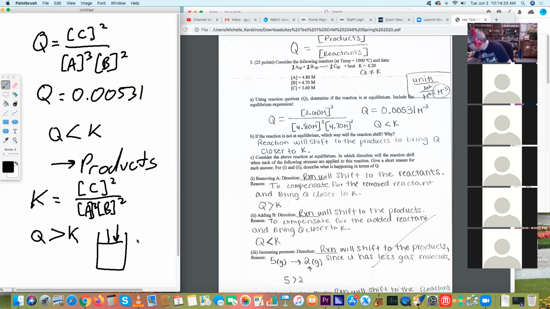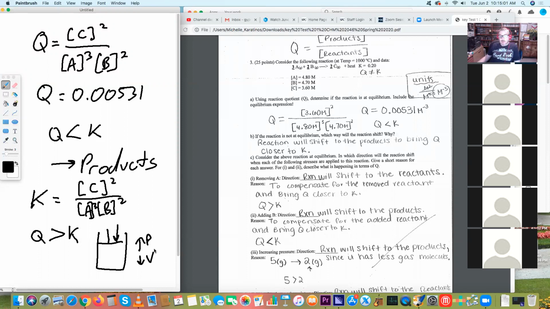And you can see that by pushing down on that piston, P goes up, but the volume goes down. I think that might be handy to have. Remember, you can have a sheet of paper in front of you for the test. I'd recommend having a little diagram like that just to remind you of the inverse relationship between pressure and volume. And that can remove a lot of confusion.